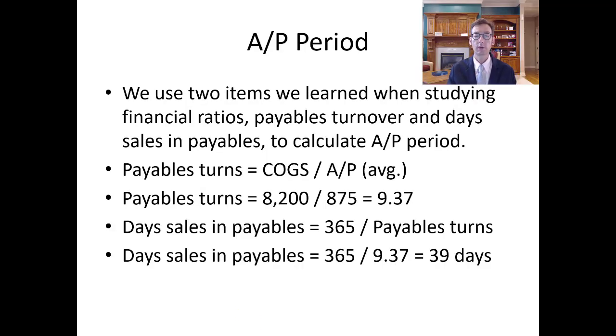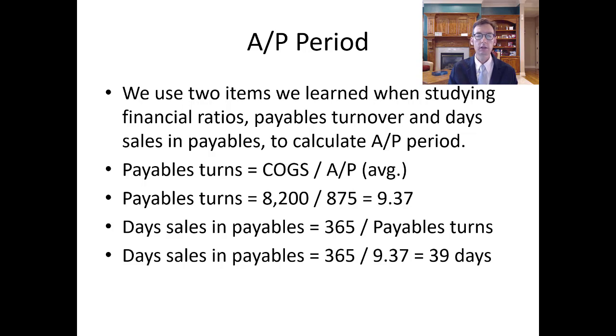So let's talk about the accounts payable period. We are going to, similar to our last 2 slides, figure out what are our turns and then use those turns to figure out days. Now, we are going to use cost of goods sold divided by the average accounts payable, unless, of course, we're only given one accounts payable, in which case we just use that number.